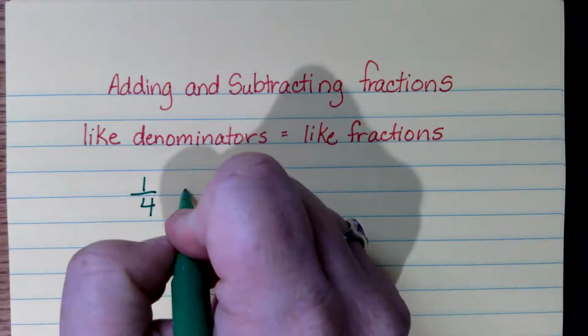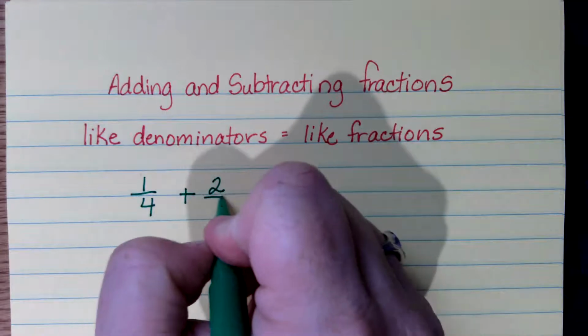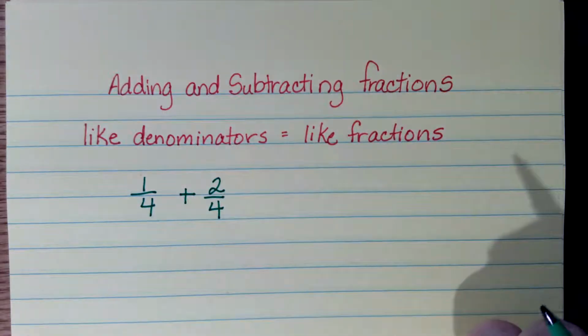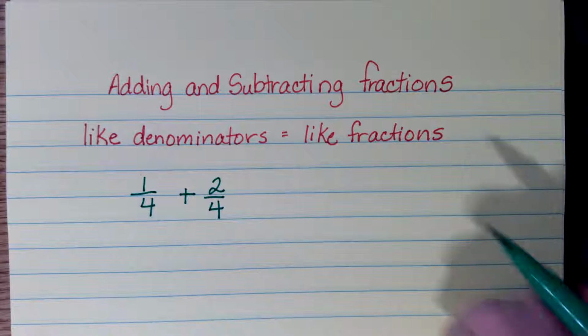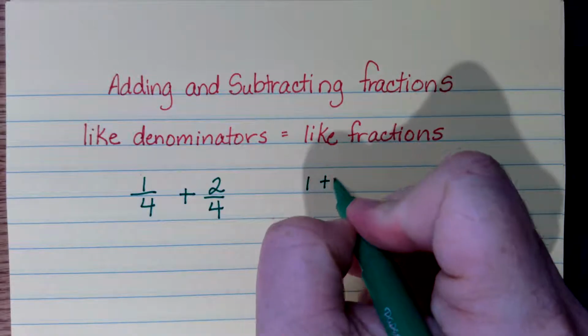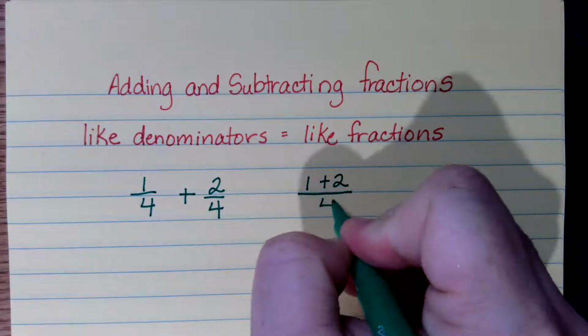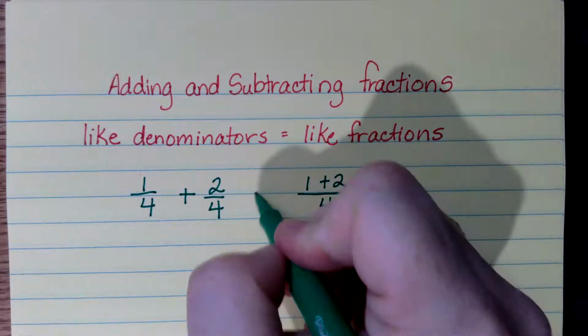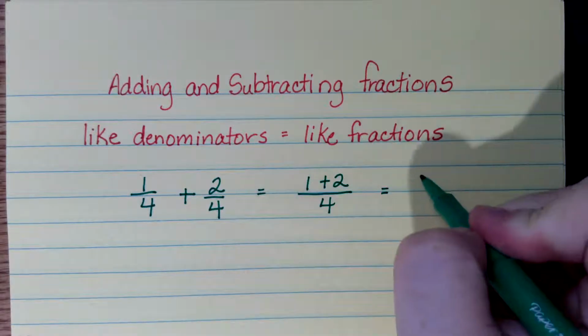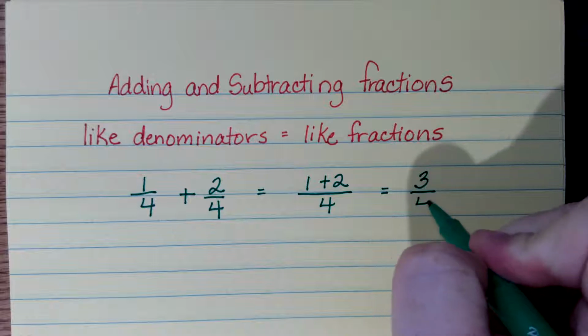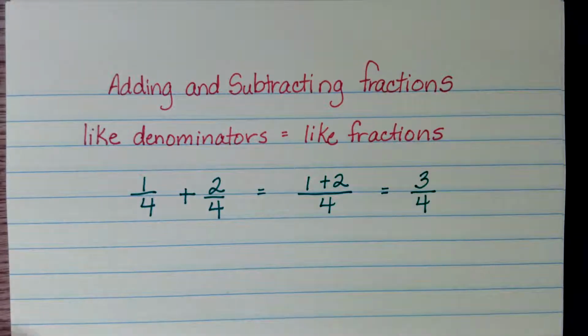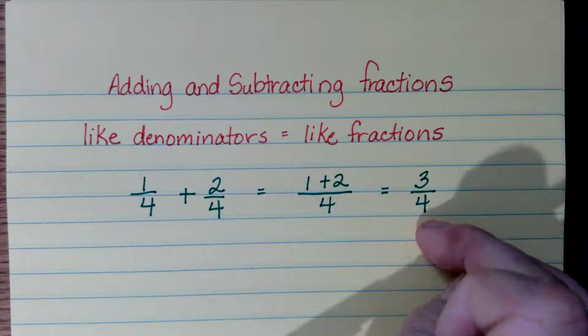So when we have something that looks like 1/4 plus 2/4, really all we have to do is 1 plus 2 over 4. This equals 3/4. Basically, this fourths is a label.